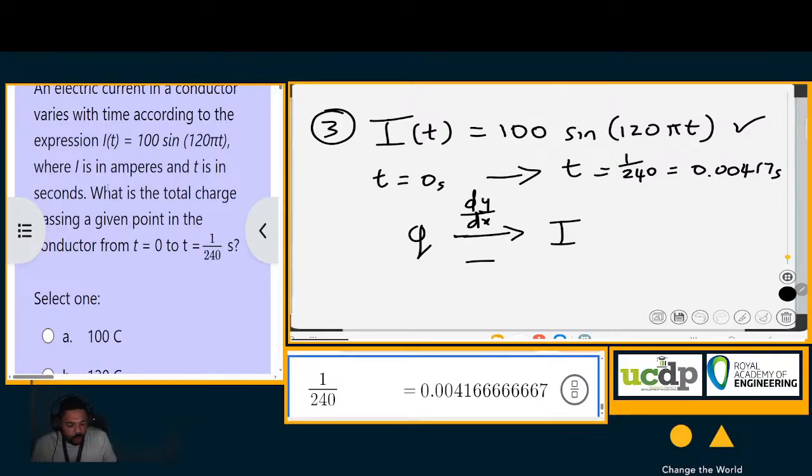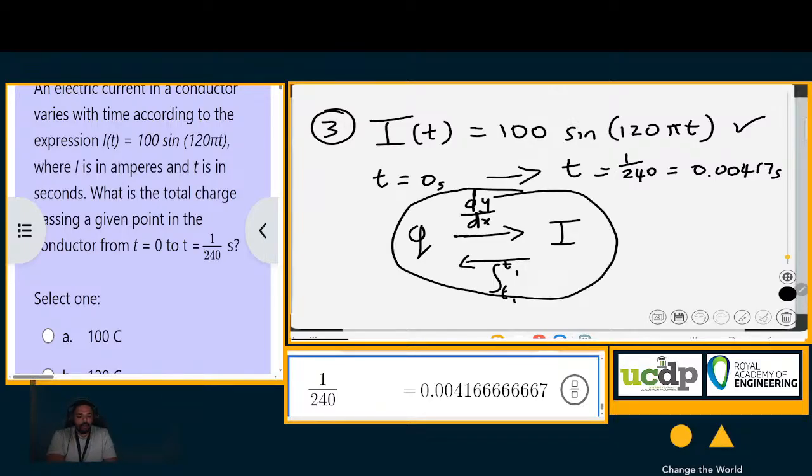What do you do if you work backwards? If you have the current, but now you need to get the charge, you usually find the integral from your start time to your end time. Just by a show of hands, do you understand this quick concept that I've just illustrated? To go from charge to current, you find a derivative, but to move from current to charge, you need to find the integral.